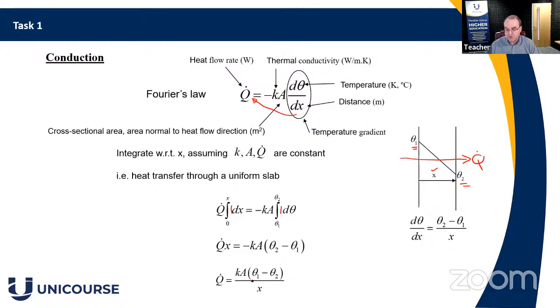We could apply that to solving our value of q, but what we want to generate is an equation that can be used for multiple surfaces and multiple materials. So we're okay with that equation so far, but we're just going to tidy it up a little bit more so we can use it as a generalized equation.